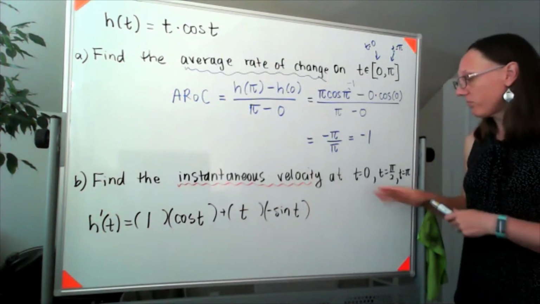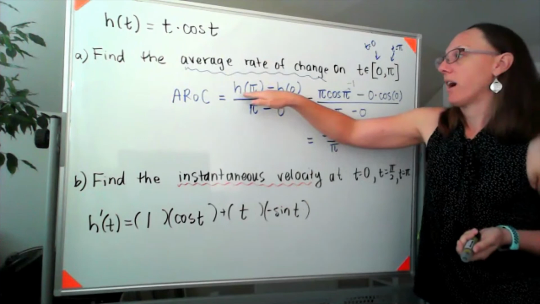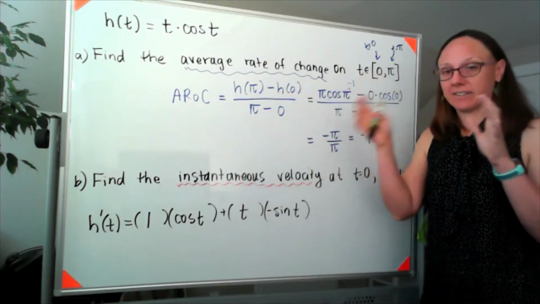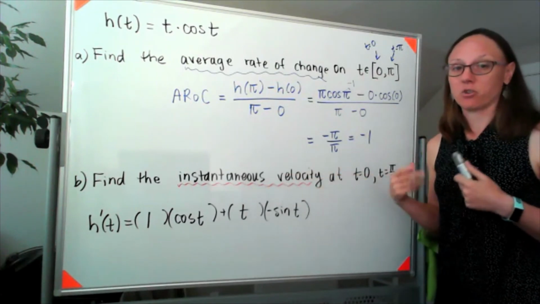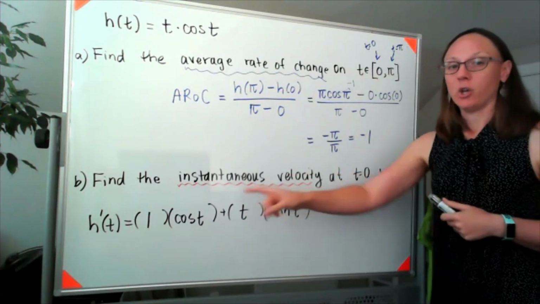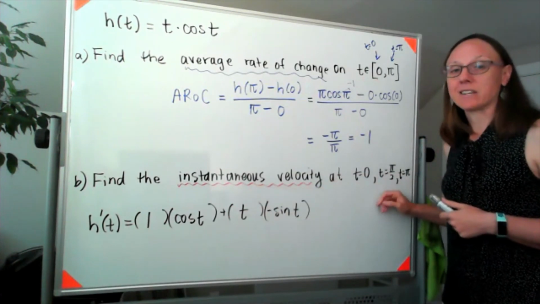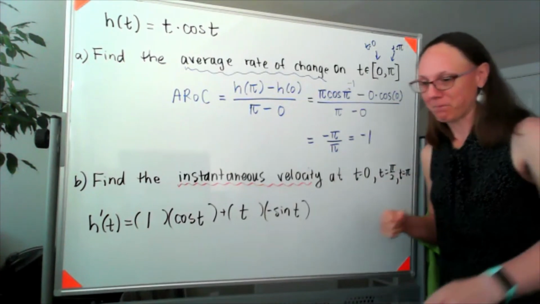Now, rather than with our average rate of change, where I'm looking at 2 points and subtracting things between those 2 points, for the instantaneous rate of change or instantaneous velocity, we're taking our derivative and we're just going to plug in each of those points. So this is secretly 3 questions for the price of 1.